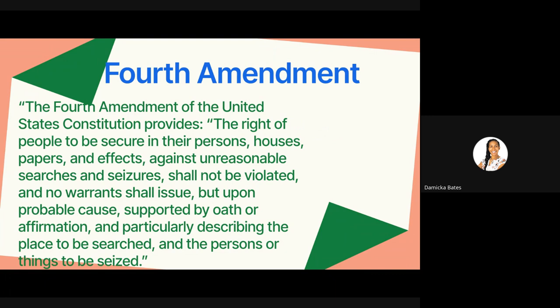And there are many cases that have been pivotal in this idea of whether students actually have rights to privacy, and the Fourth Amendment is what we use when considering such things.